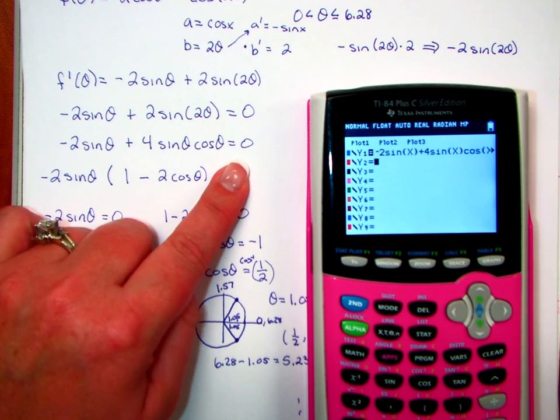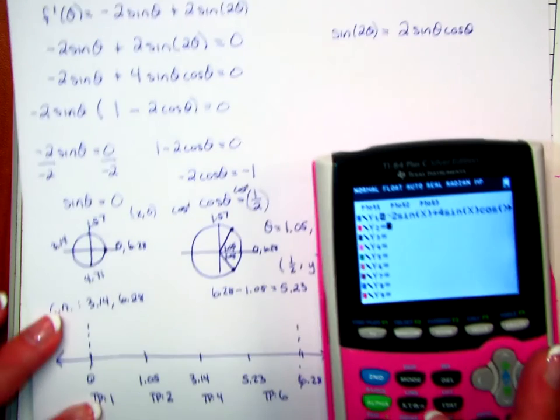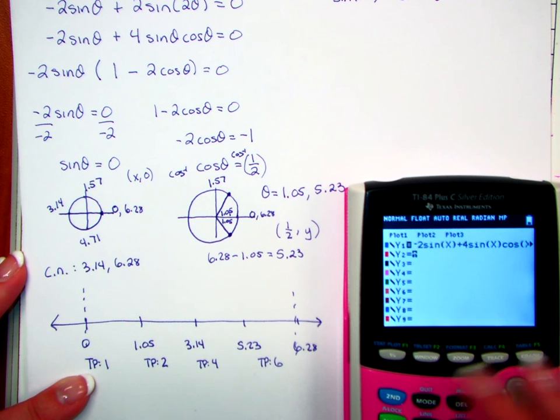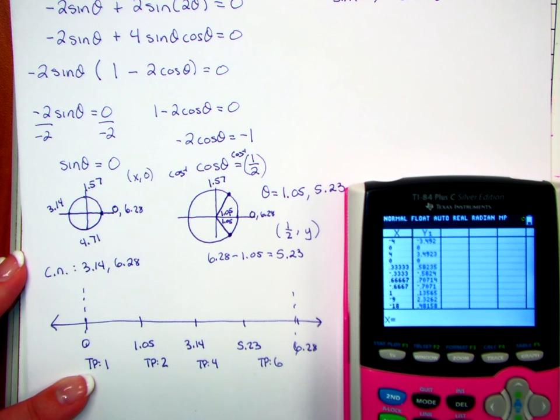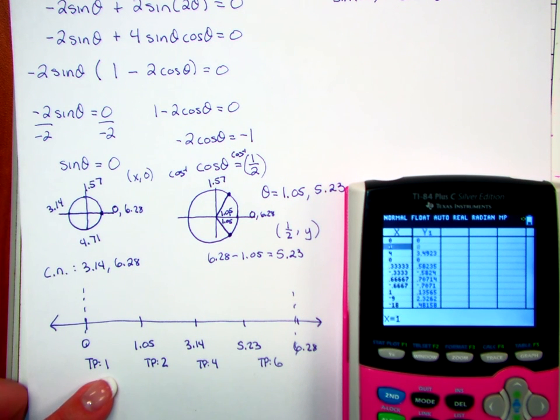If I were to plug those critical numbers in there, I should be getting 0. But if I plug the test points in there, I'm either going to get a positive value or a negative value, and that's what I'm interested in. So I am going to go to the table now. If I plug 0 in there, we will get 0. But I want to plug a test point, 1.